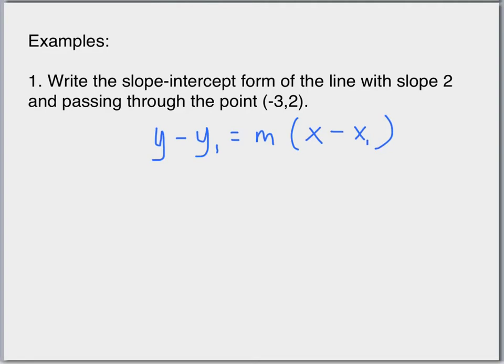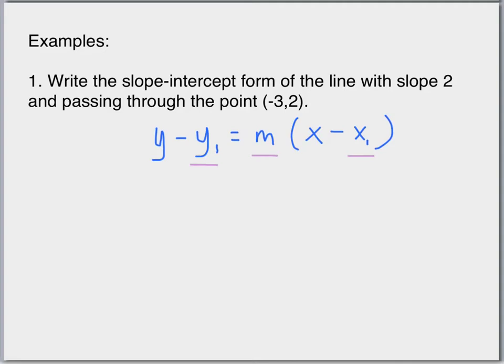So now I just need to fill in the blanks. The things that I need to fill in here are going to be this, the x1 and y1, that's my given point, and then also the slope. The x and y will stay in the equation as x and y.